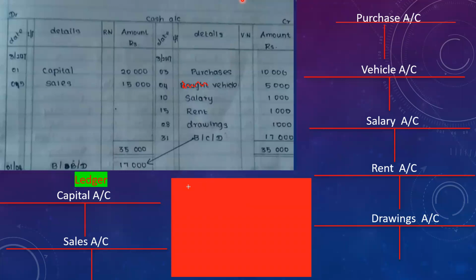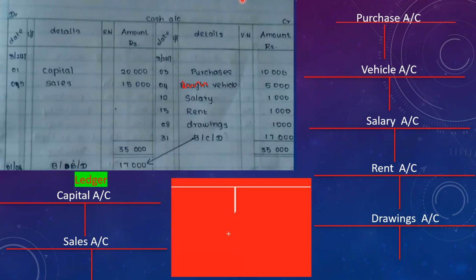Capital account, the ledger heading you put here. The capital account comes like this, full page, and here 3 lines are enough. You got what I say? A double line should be there. In my ledger, I have drawn one line, but you have to draw a double line.